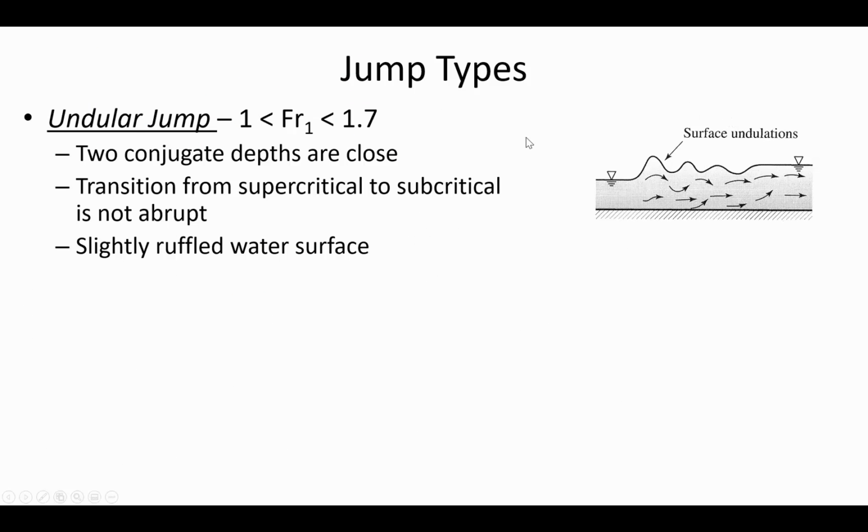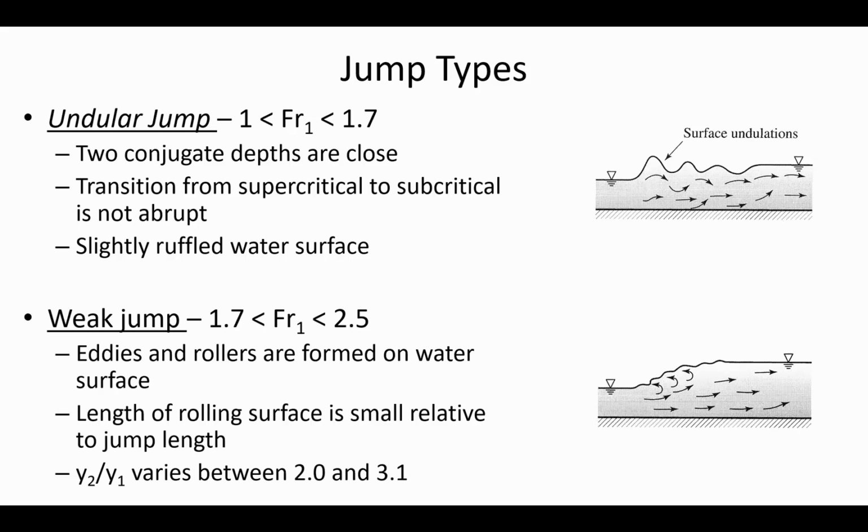So our book goes through different jump types and can classify what kind of flow patterns are seen for the Froude number. An undular jump is where it's just barely a hydraulic jump at all because the Froude number is so close to 1. A weak jump is also maybe not even visible, but it has typical flow patterns as indicated in the sketch here.